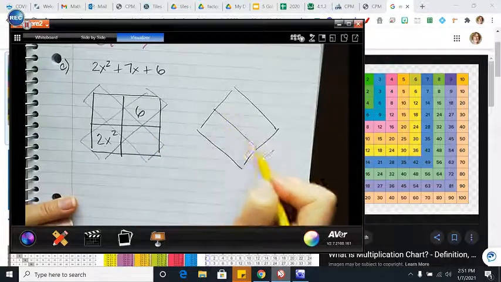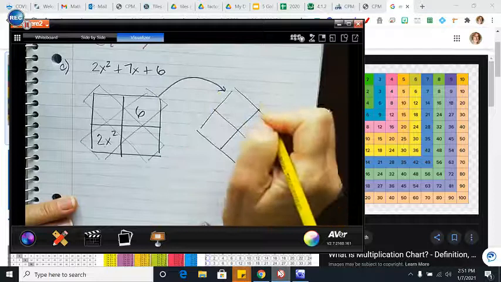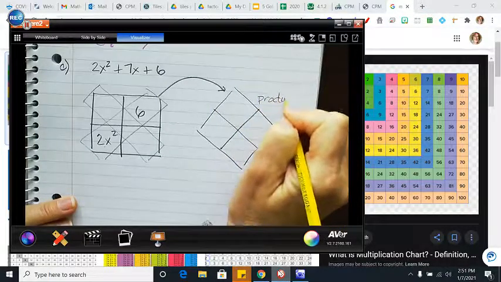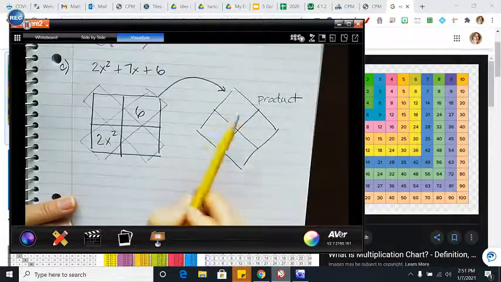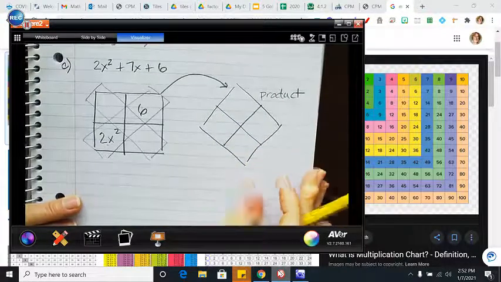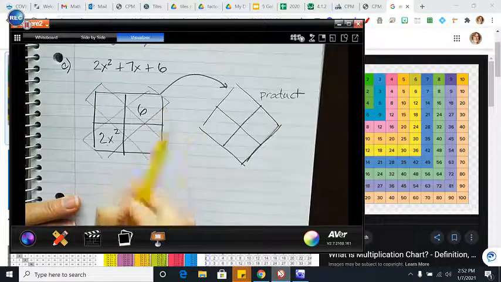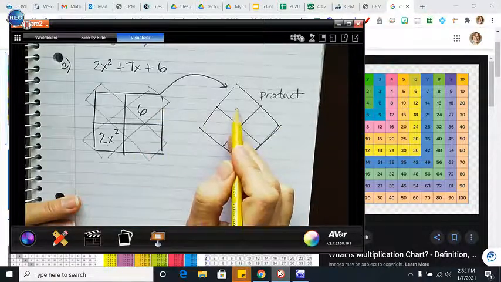So we're going to put that product in the top of the diamond. If we had been in school in real life, you would have done a bunch of these diamond problems for written homework. But that just didn't happen.